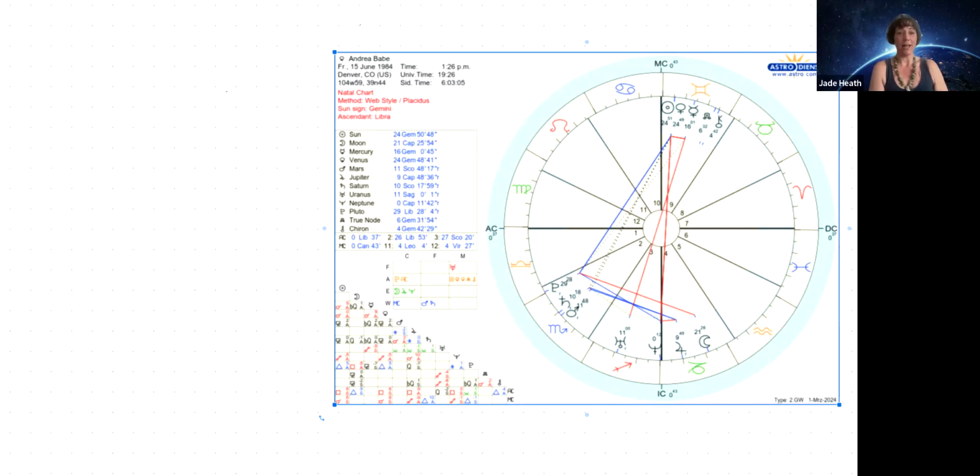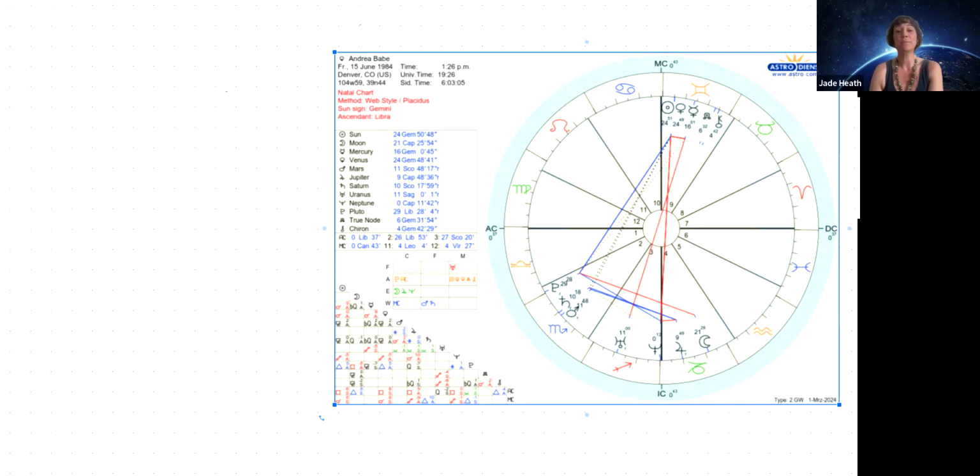Right off the bat, if we don't want to dive into this massive pie chart and all these other little graphs anymore, the simplest way to learn what your moon is or your rising is or where your Venus is, you have this information right here at your fingertips.